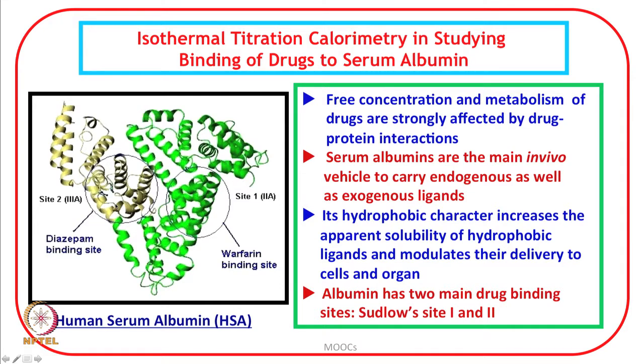Now, how isothermal titration calorimetry can be useful, we are going to discuss in detail, but let us discuss in brief that ITC will give us the value of delta H, the value of delta S, and the value of delta G naught. And delta G naught is expressed in terms of K. Whether we talk about K or delta G naught, it is almost the same thing.